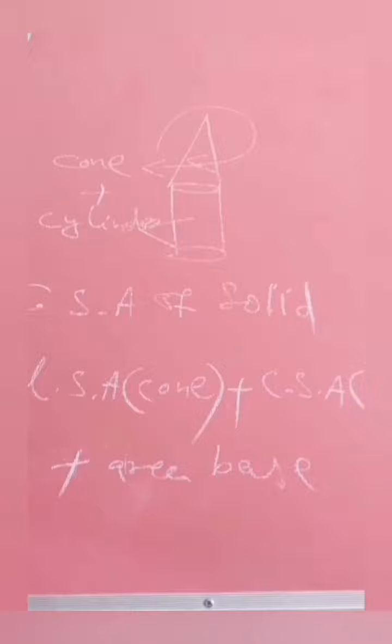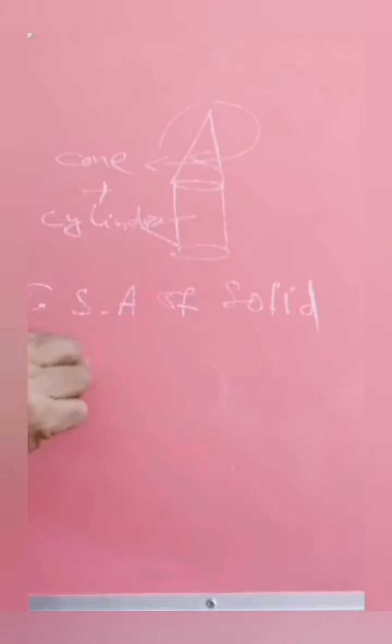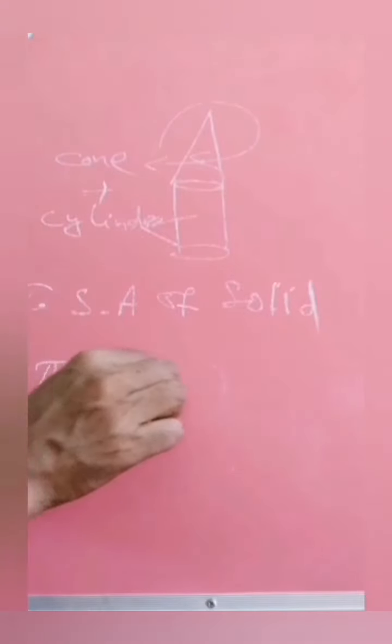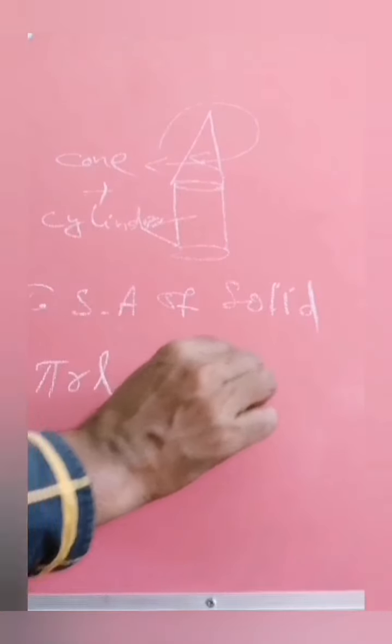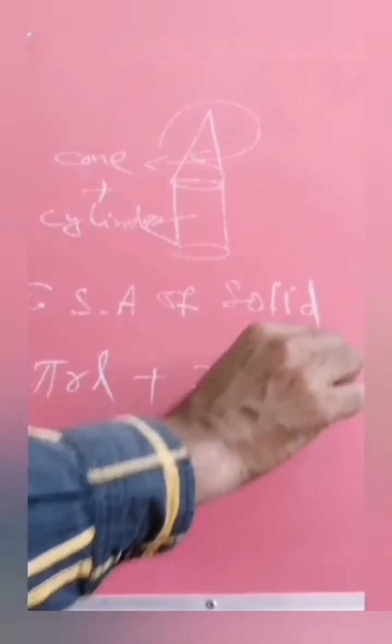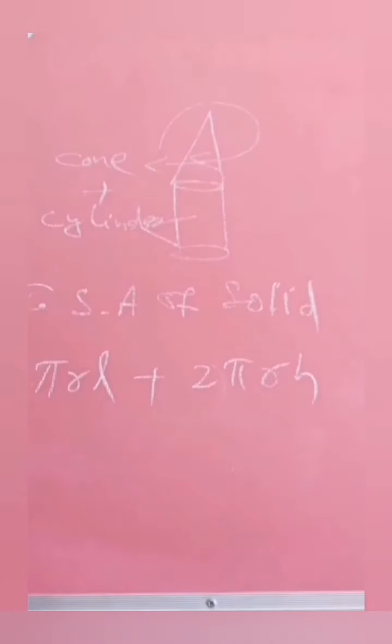So your formula will be pi r l, the curved surface area of the cone, plus for the cylinder it is 2 pi r h. As it is the combined figure, radius is common for both and pi is there.